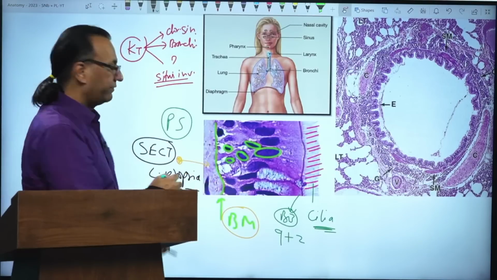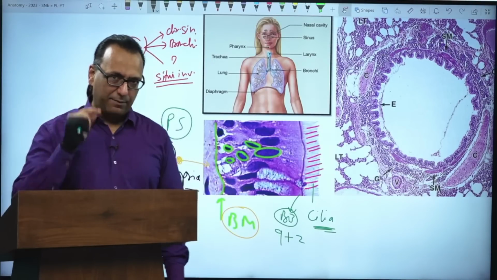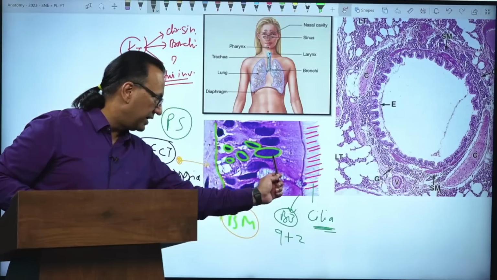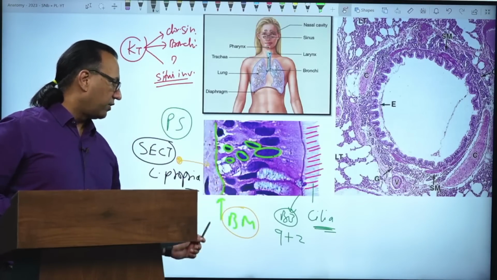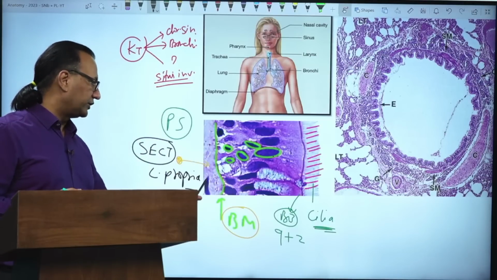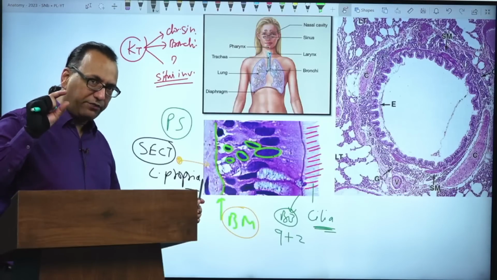It will be some connective tissue, subepithelial connective tissue. So be careful in your exam. INI-CET exam, markers were marker A, marker B, marker C, marker D. One marker was on basement membrane and one marker was subepithelial connective tissue, which is lamina propria, and you should be able to identify them.